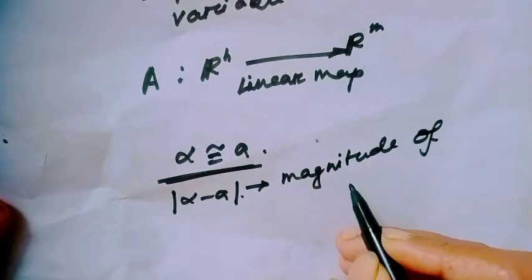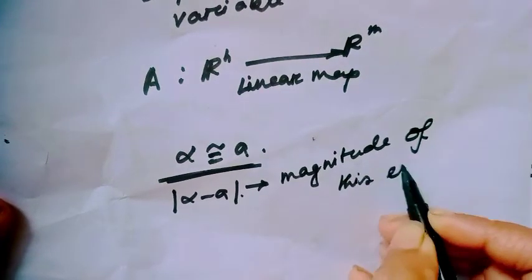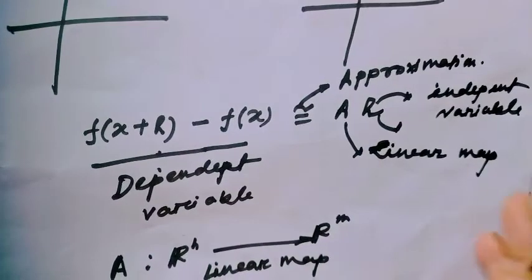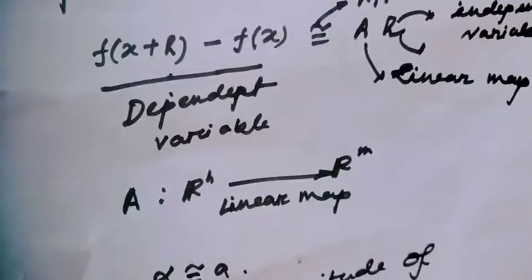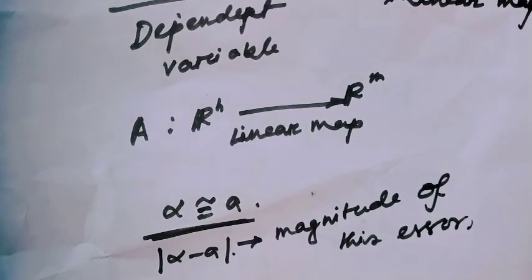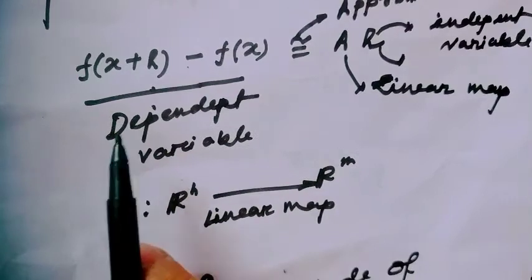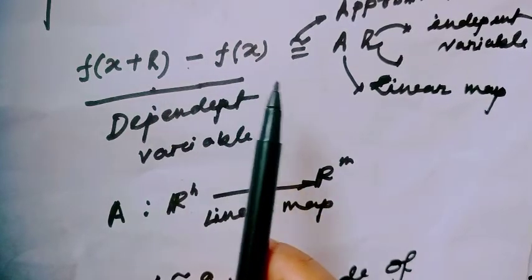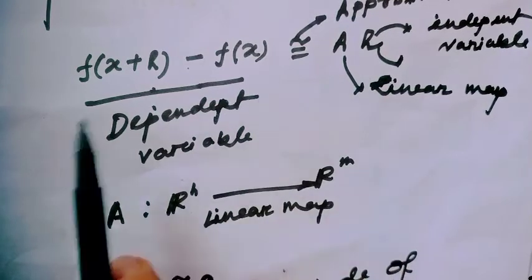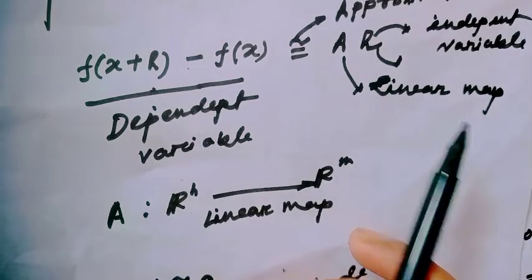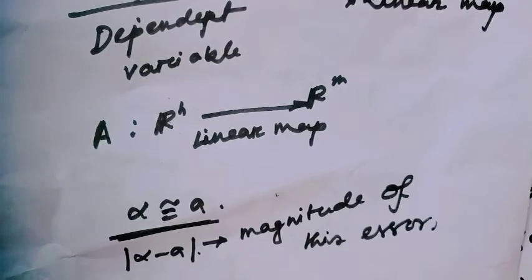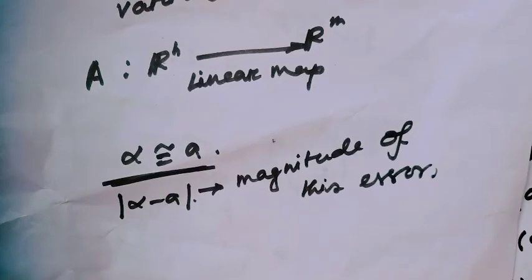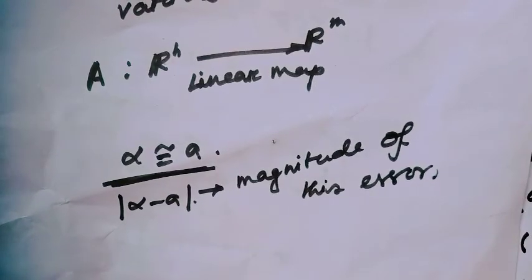Okay, that means approximation always has an error, and since here f of x plus h minus f of x is a vector in Rm, but for approximation we want a number.